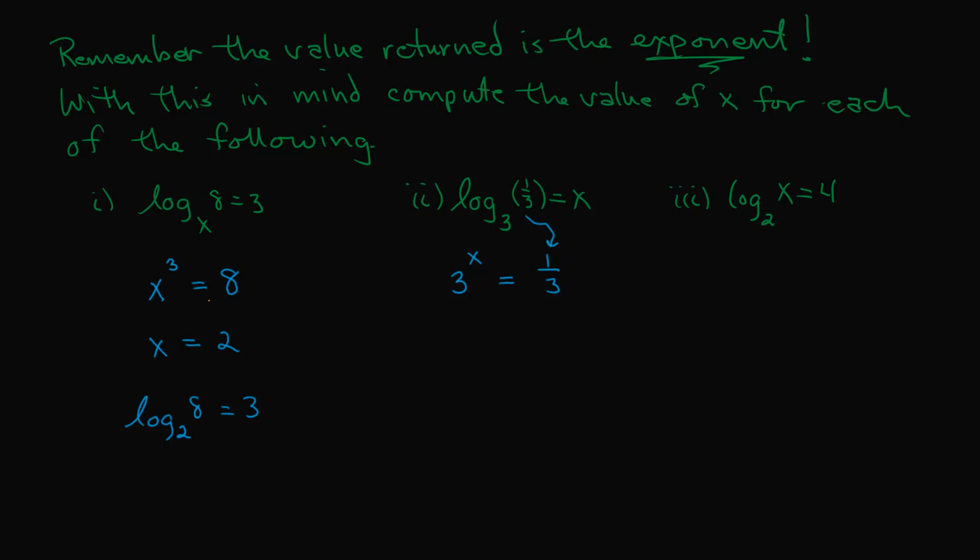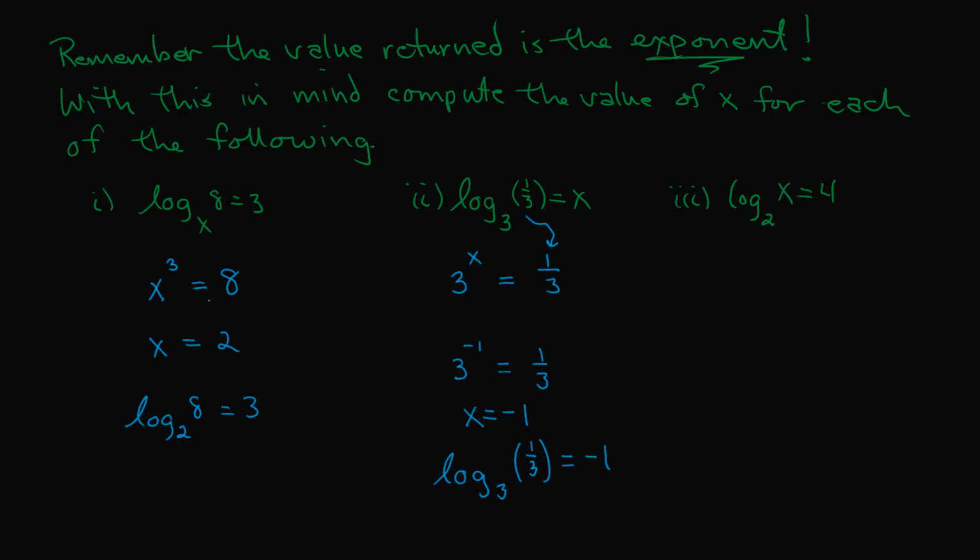If you'll recall, 3 to the negative first power is equal to 1/3, which gives us an x value equal to -1, and we can rewrite this as the log base 3 of 1/3 is -1.